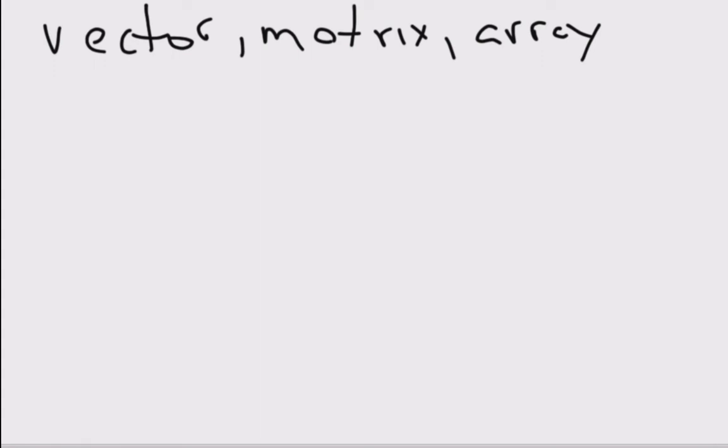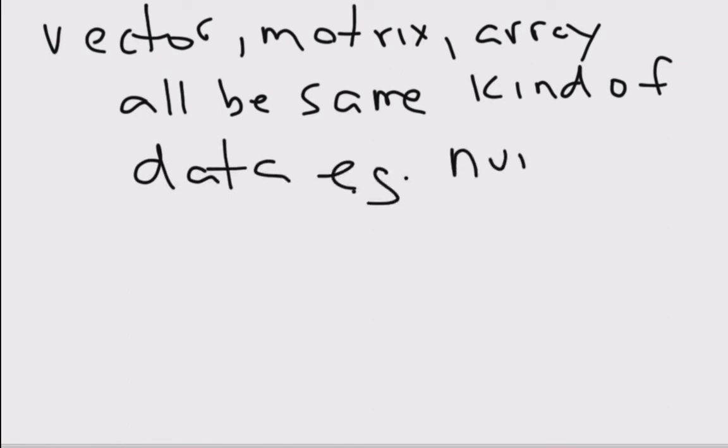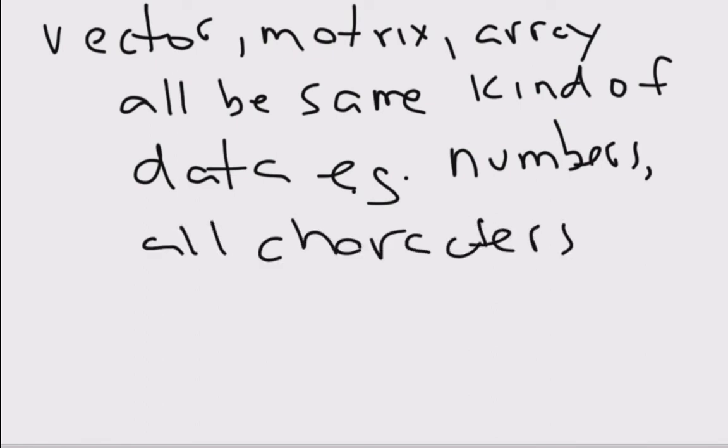And by that, what I mean is that they must all be the same kind of data. So, for example, they all have to be all numbers, all characters, and there are a couple of other different kinds of data types in R. So, for example, they could all be logical.